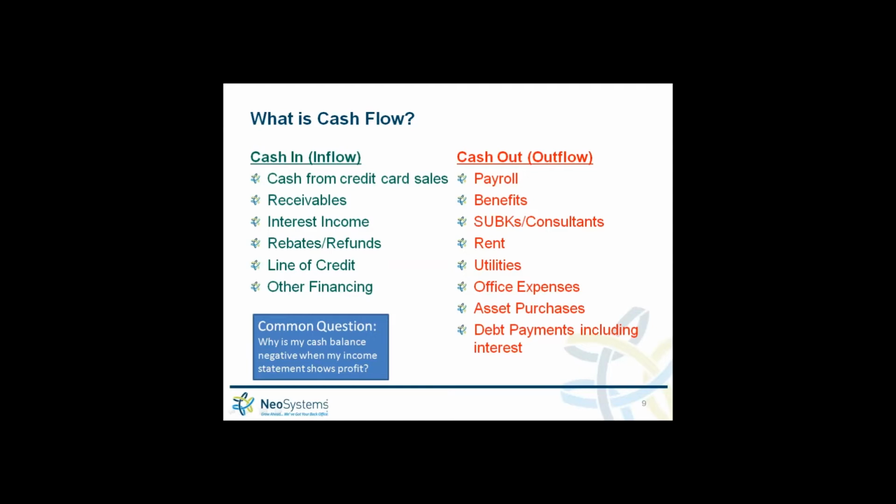One reason is how you recognize income, whether you're on accrual-based accounting or cash-based accounting. If you're on accrual-based accounting, your income statement won't necessarily match your cash balance. But also keep in mind that your cash balance on your GL account, anytime you cut checks, even though they haven't been cashed yet, is considered outflow within the GL system.